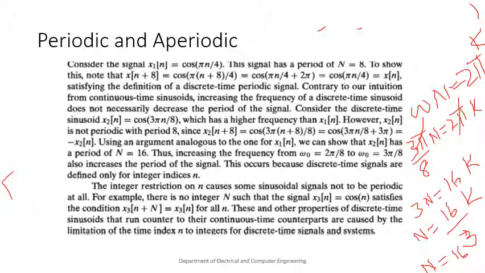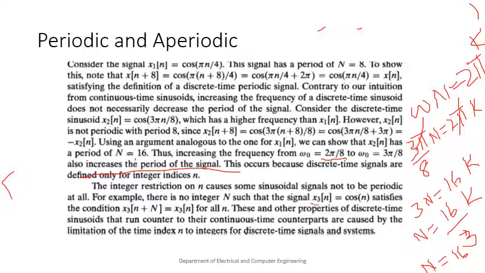So if we have time period 16, only then this x2 of n will become periodic. Thus, increasing the frequency from 2 pi by 8, which means pi by 4, to omega naught equal to 3 pi by 8 also increases the period. This occurs because a discrete time signal is defined for only integer indices.